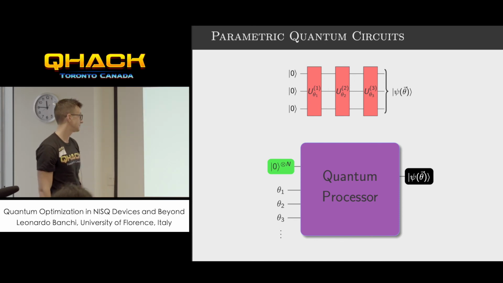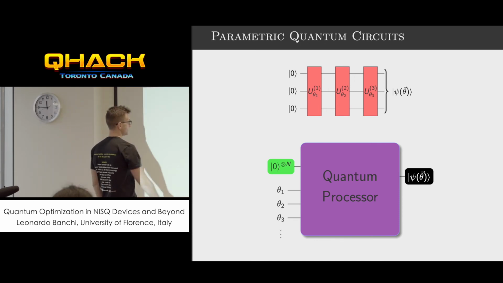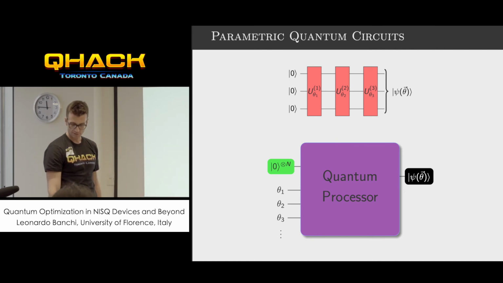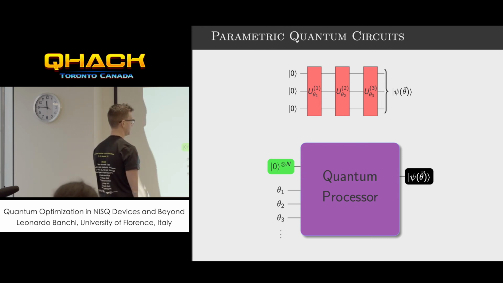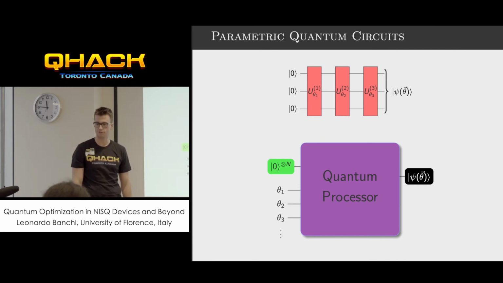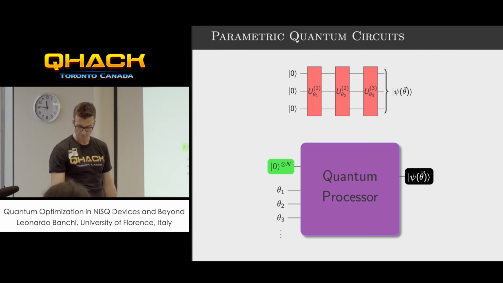So when we write these parametric quantum circuits, we have again a circuit like this, but we can also rephrase this in the language of a quantum processor. So we have a quantum processor which reads a classical register, and then depending on the values read from here, applies a different operation on the input.